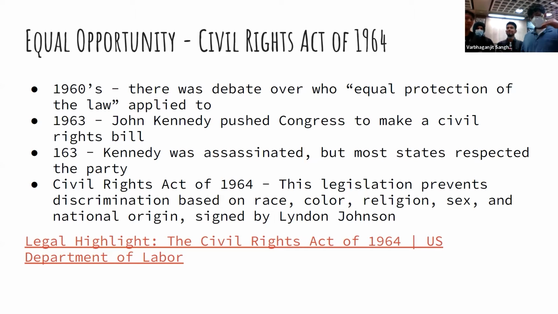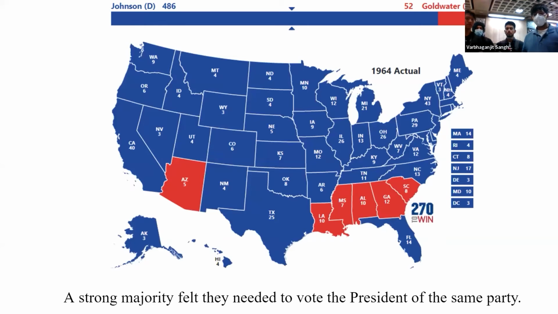Then the next law that was passed was the Civil Rights Act of 1964. This legislation prevents discrimination based on race, color, religion, sex, and national origin. It was signed by Lyndon Johnson, who became the next president, and this was the voting done for him because Kennedy was assassinated, and most states wanted the same party to maintain power.